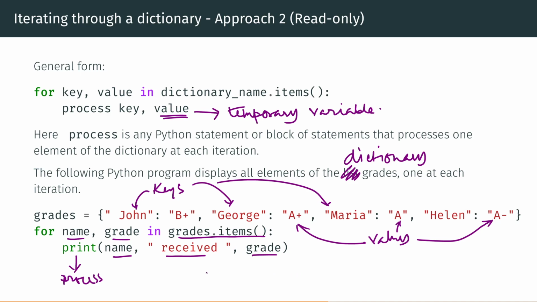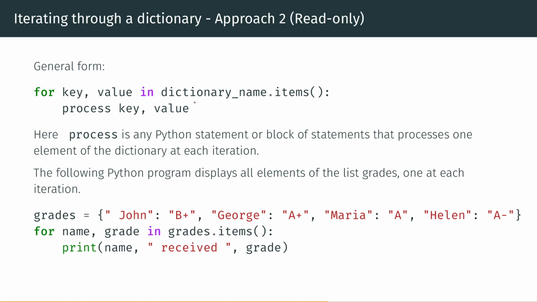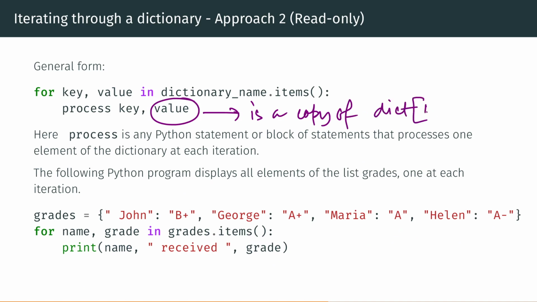Okay. So in this case, the grade that we get is a temporary variable. It does not refer to the actual grade. It is a copy. In this case, the value is a copy of dictionary[key]. So whatever change we make to this value will not actually change the value in the dictionary.